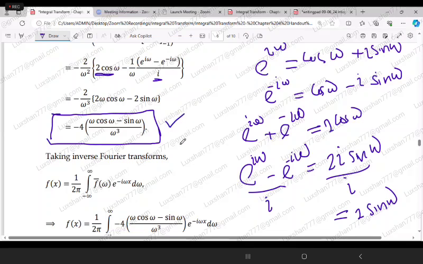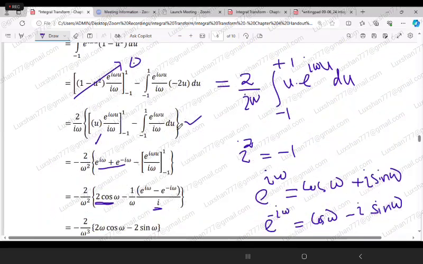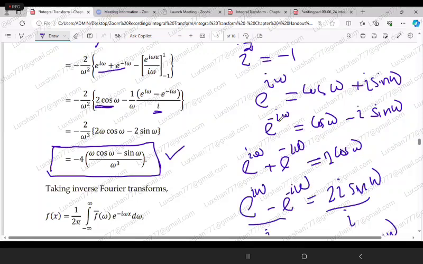Do you understand up to now, students? Do you understand? This is just integration, A level. This is just integration. We are using the definition and we are evaluating. Here, you have to use this one. E to the power I omega equals cos omega plus I sin omega. E to the power minus I omega equals cos omega minus I sin omega. So if you add these two, you will get 2 cos omega.